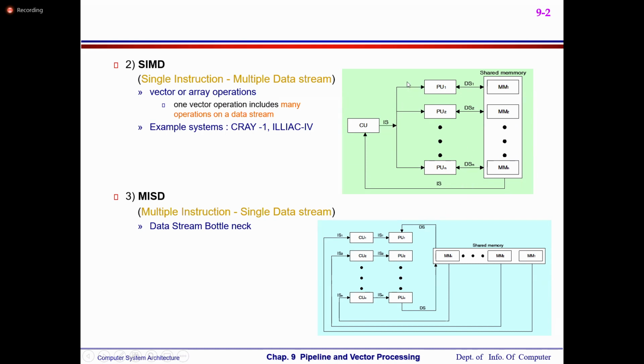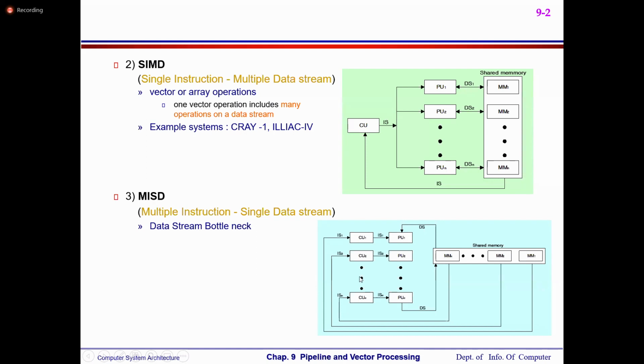So what is the point? All processors execute the same instruction, but on different sets of data read from the shared memory. See here, processor unit 1 gets the same instruction but different data read from shared memory. Similarly, processor 2 reads the instruction from memory and reads its data from memory, so different data.